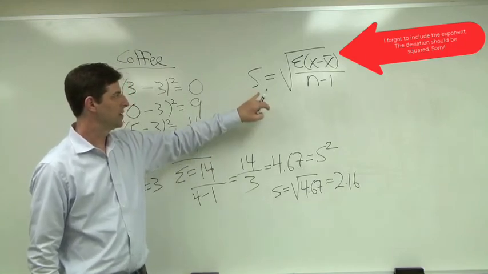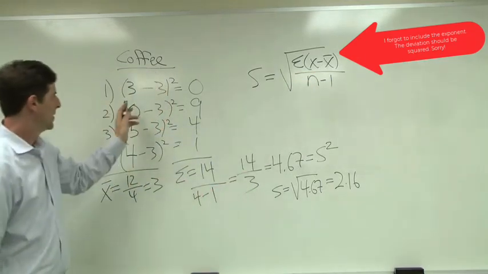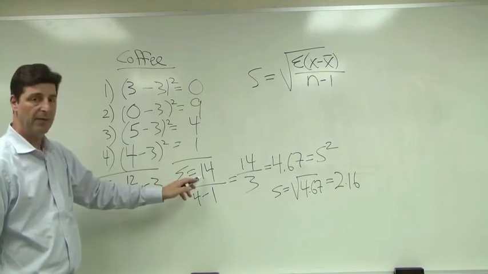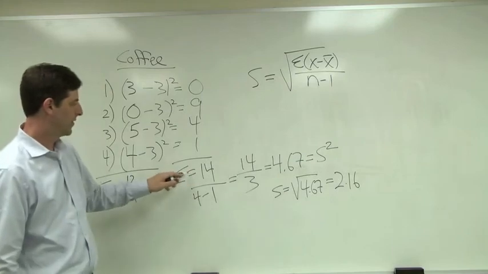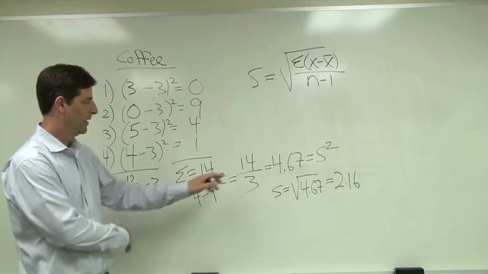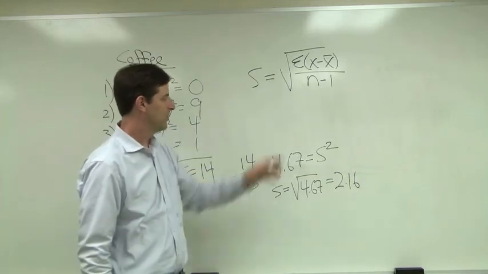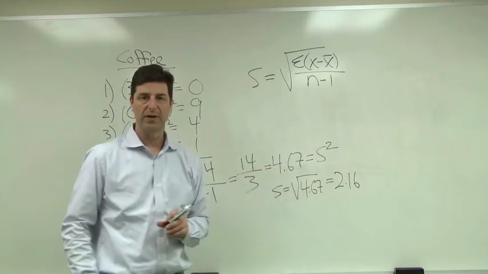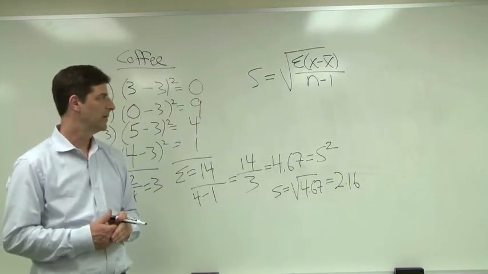The standard deviation equals the square root of the sum of the squared deviations, divided by n minus 1. N is 4, n minus 1 is 3. 14 divided by 3 is 4.67. Then we take the square root of that whole thing. The square root of 4.67 is 2.16, and that's how we got the standard deviation of the sample.